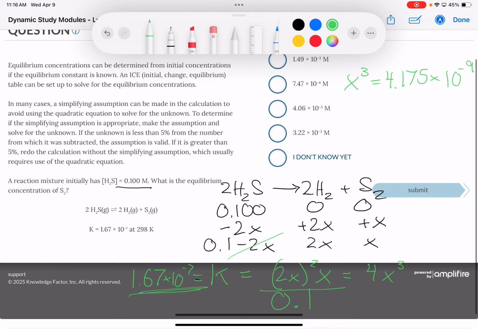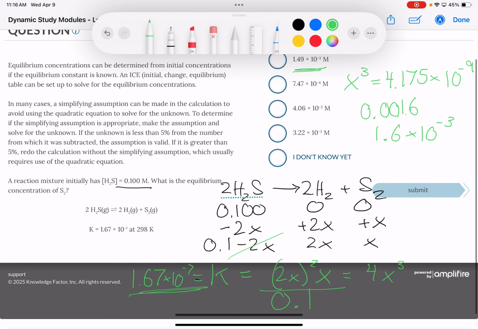So I need to do a cubed root of that. And that comes out to be 0.0016, which is 1, 2, 3. So 1.6 times 10 to the negative 3rd.